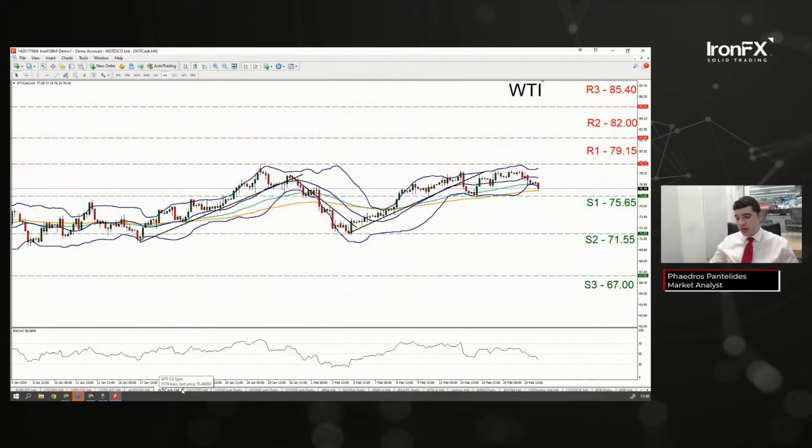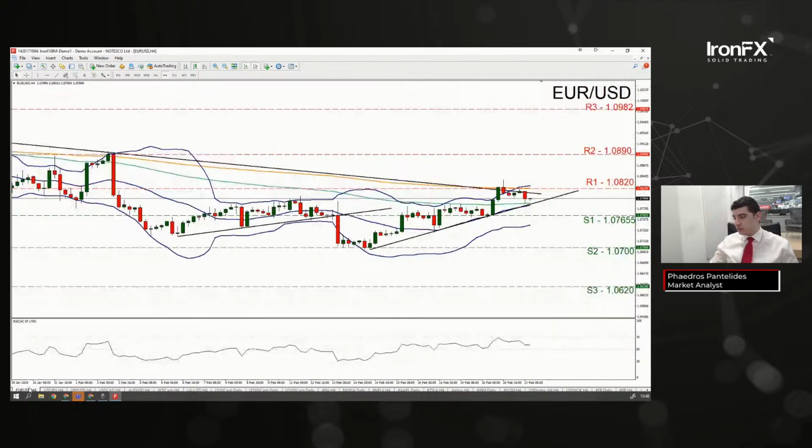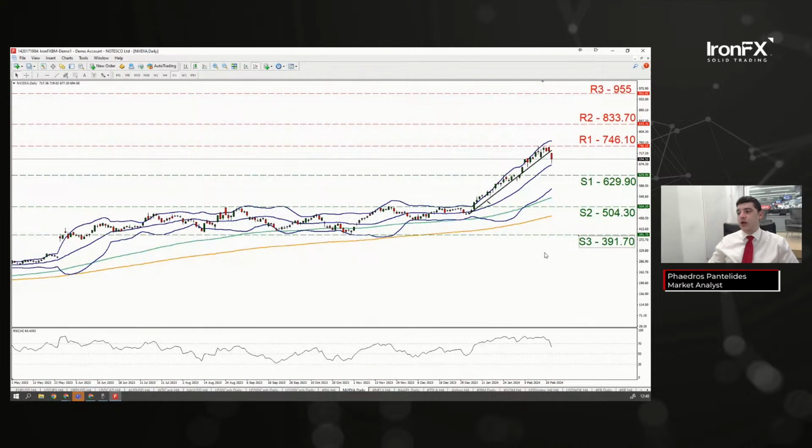So some disparity. Gold is moving higher, so correlated to the US dollar. Weakening US dollar. Wouldn't say so. Perhaps gold strengthening due to tensions, essentially geopolitical tensions. Euro USD, the one to watch. In addition to Nvidia on the daily chart, which is going to be very interesting with their earnings.